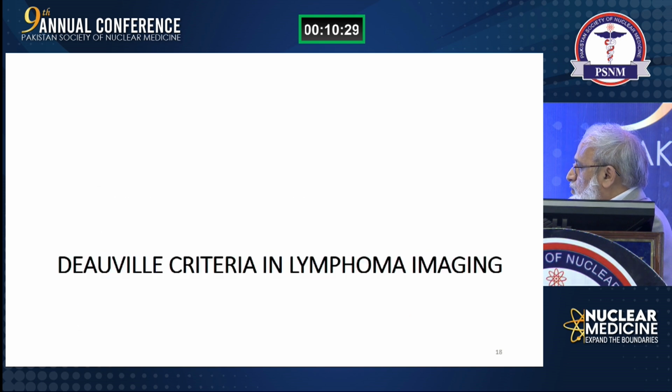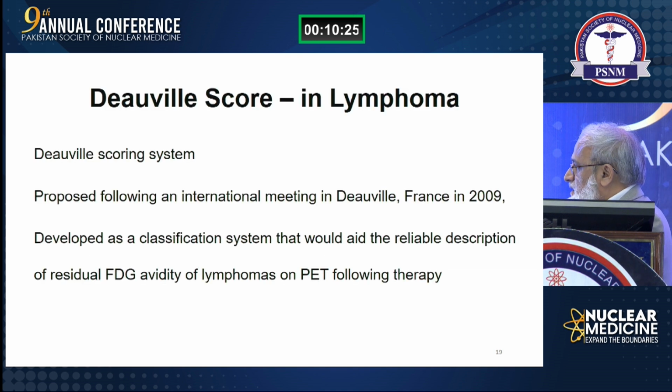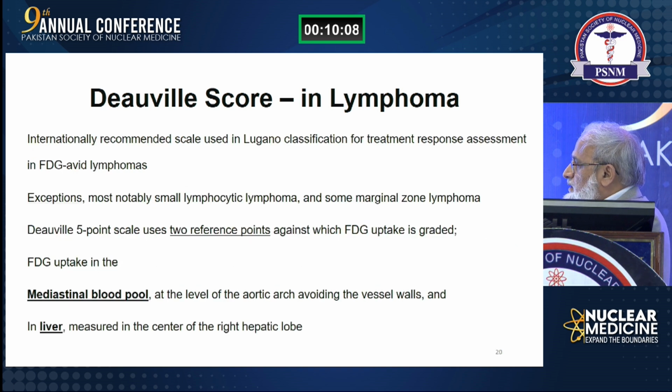So coming to Deauville, which has been there for almost 15 years now, back in 2009, it's a classification system which reliably describes the residual disease of FDG in lymphomas, whether it's non-Hodgkin or Hodgkin's lymphoma. So here we have 2 reference points. One is the mediastinal blood pool.